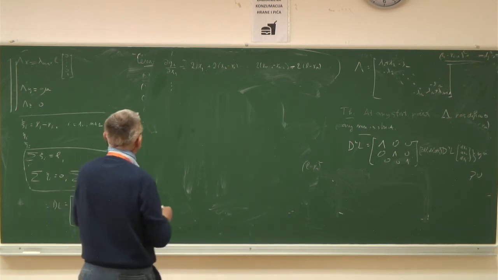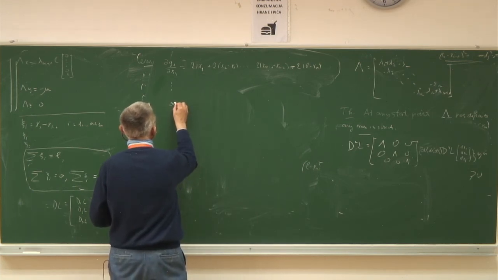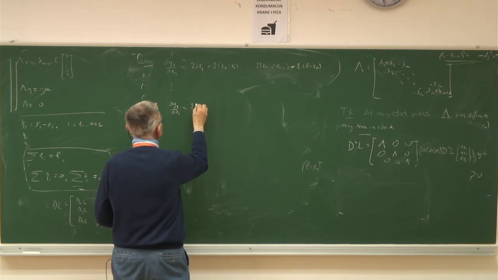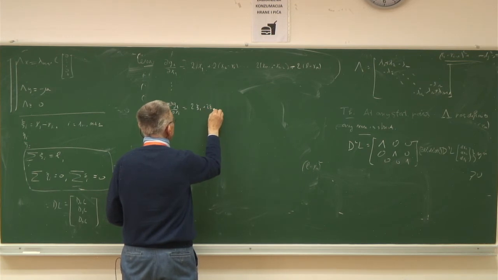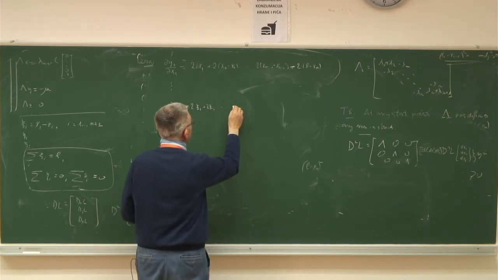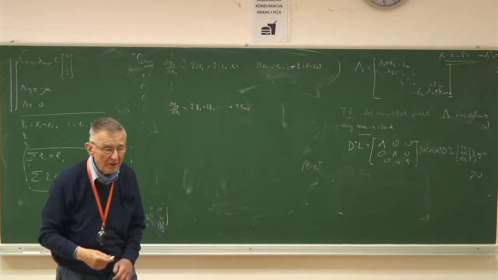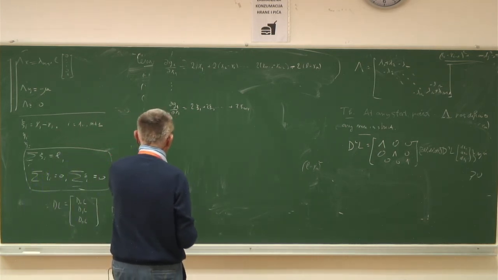So you can write it down as dg1 over dxj is equal to 2 psi 1 plus 2 psi 2 plus 2 x(n plus 1). It's more symmetric that way. Now we know how the matrix looks like.